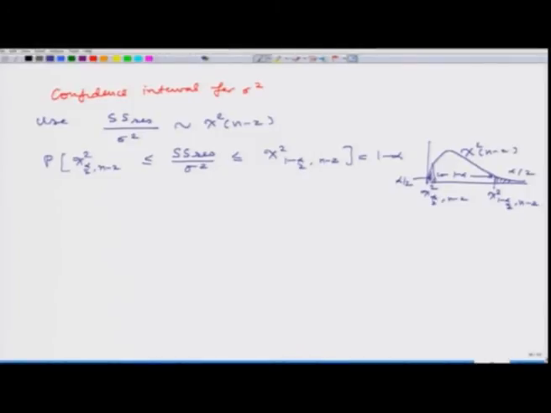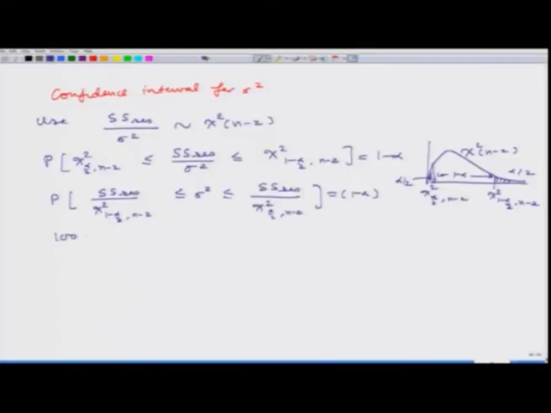So, now if you try to solve it, this becomes simply SS res divided by chi-square 1 minus alpha by 2, n minus 2, less than or equal to sigma square, less than or equal to SS res over chi-square alpha by 2 and n minus 2 degrees of freedom, with probability equal to 1 minus alpha.